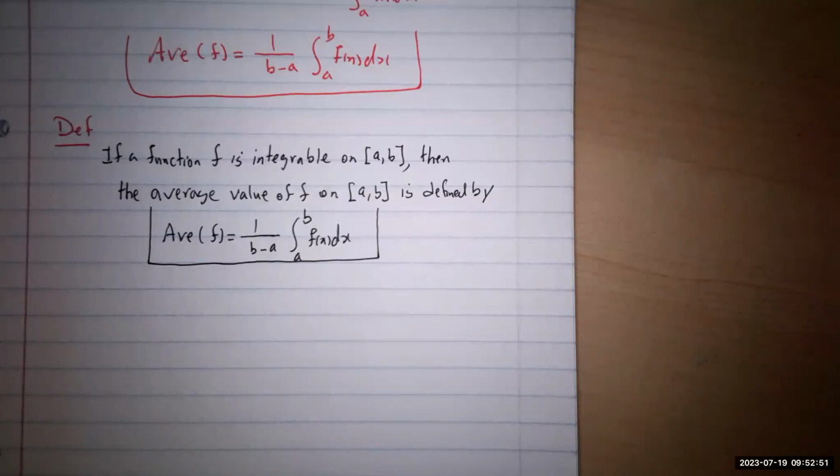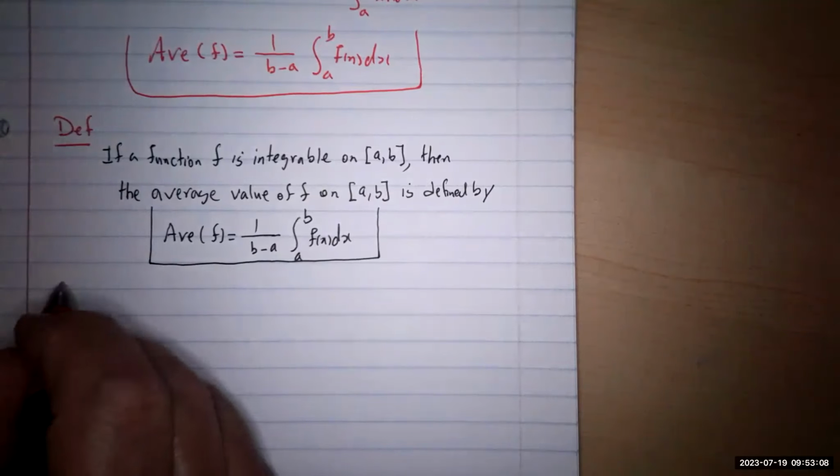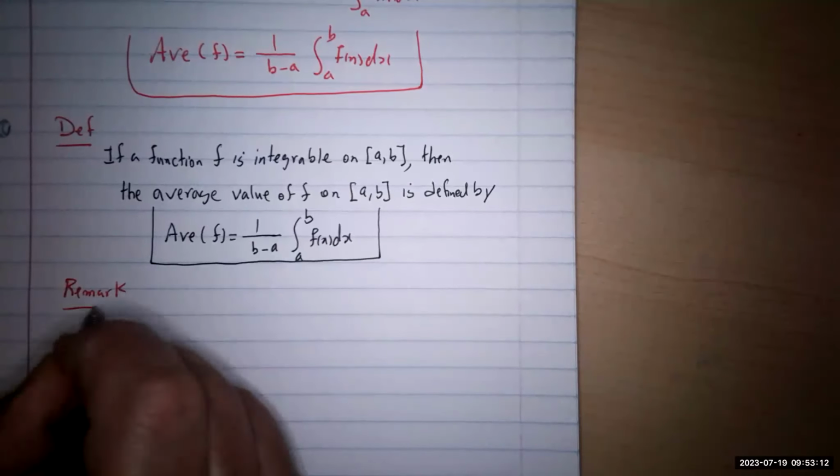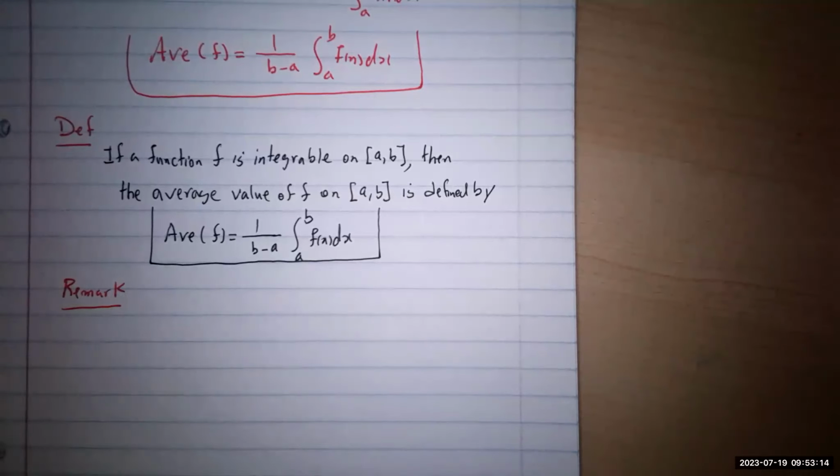I need to give you an example, but I wanted to make another observation, that there is something else inside this. Remember the mean value theorem? This is just for your information, if you like more details, or if you are going to be a math major in the future.